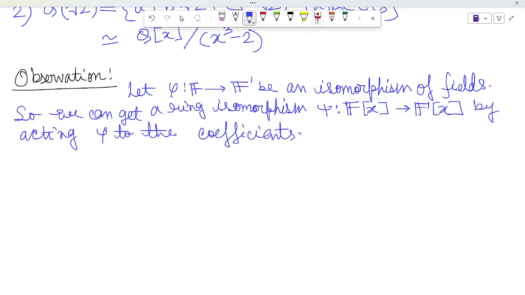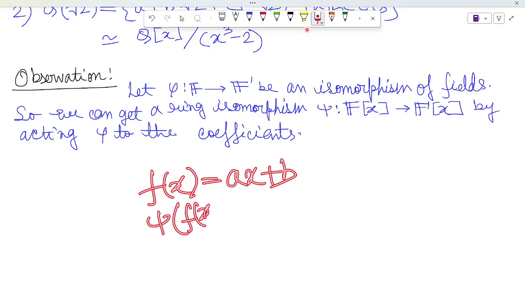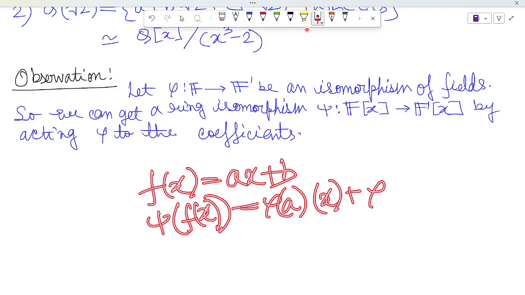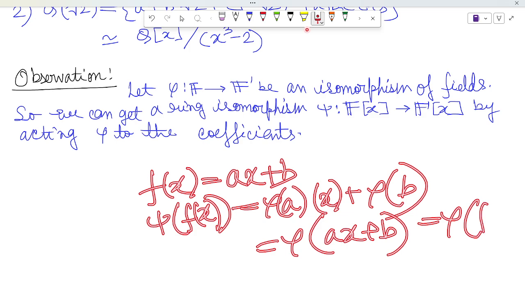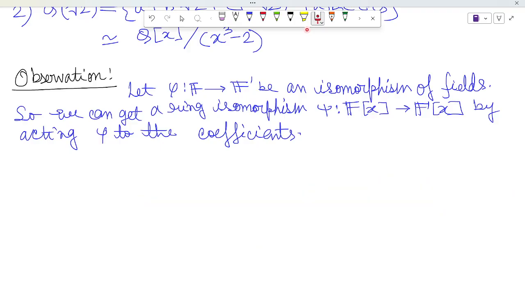That means psi of f(x), I mean if f(x) is, suppose, ax plus b, then psi of f(x) will be phi(a)x plus phi(b). That means phi of f(x). Okay. So now if p(x) is an irreducible polynomial, that image will also be an irreducible polynomial.